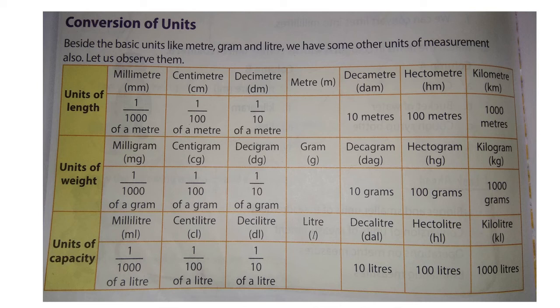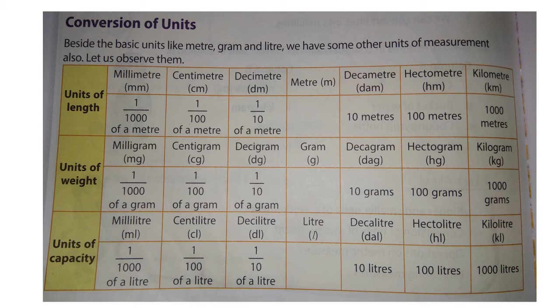So again, if you talk about capacity, 1 milliliter is equal to 1 by 1000 of a liter. 1 centiliter is equal to 1 by 100 of a liter. 1 deciliter is equal to 1 by 10 of a liter.